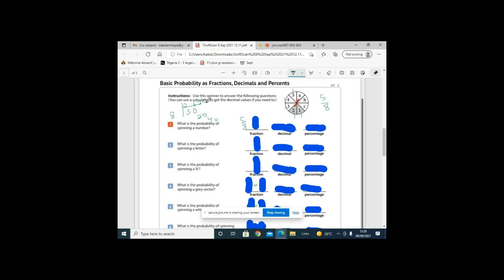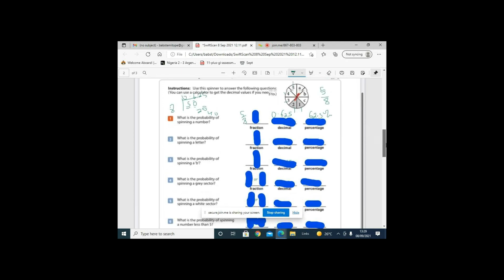How many 8s in 40? 5. So it's going to be 0.625. Then what about percentage? It's going to be 62.5%.